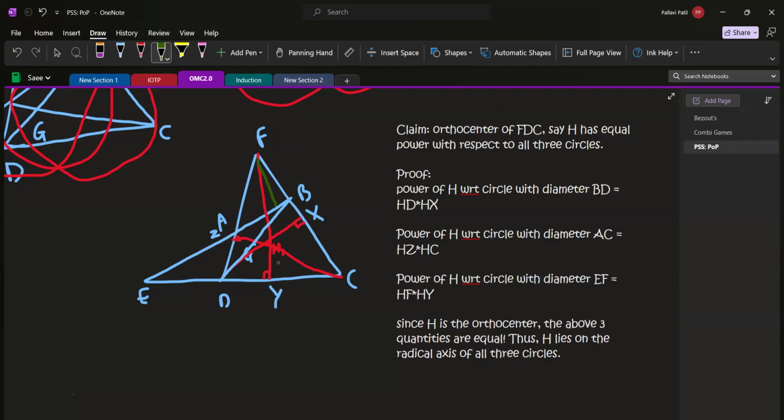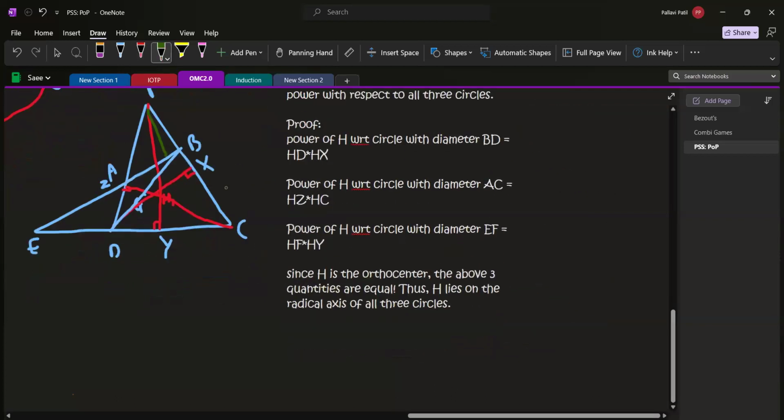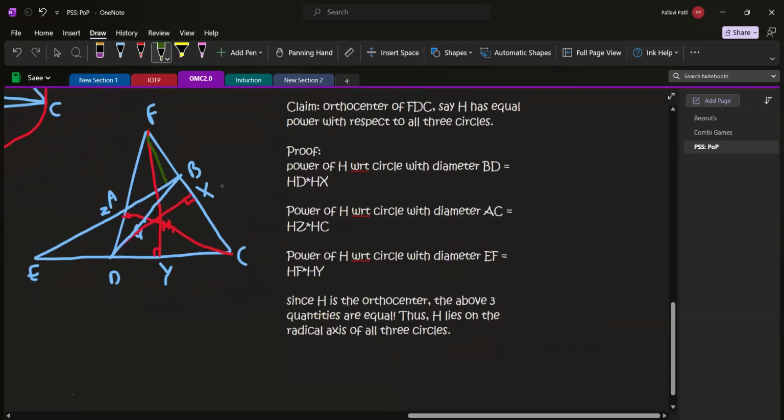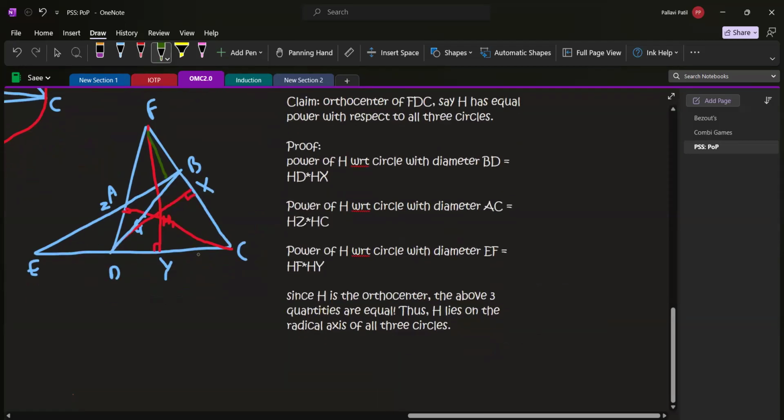And so we get very powerful results because of this. We get that those circles are coaxial. Their radical axis will actually be the line passing through all the orthocenters that are formed.